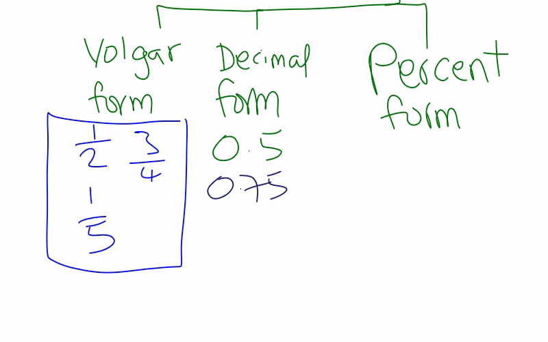Hope you understand that. Then let's move to the next, which is 1 over 5. When we do the calculation, 1 over 5 is equal to 0.2.